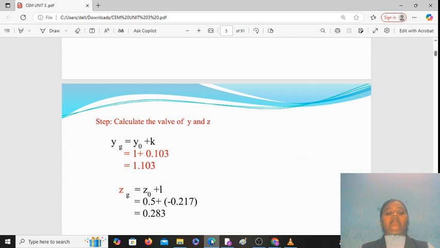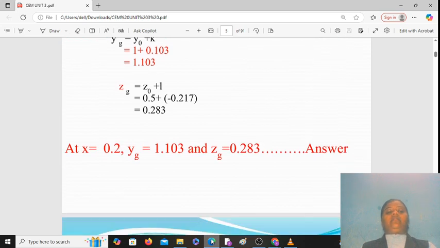Now we calculate zg, which is equal to z0 plus L. Value of z0 is 0.5 and L is minus 0.217. Then zg is equal to 0.5 plus in bracket minus 0.217 bracket complete, zg is equal to 0.283.